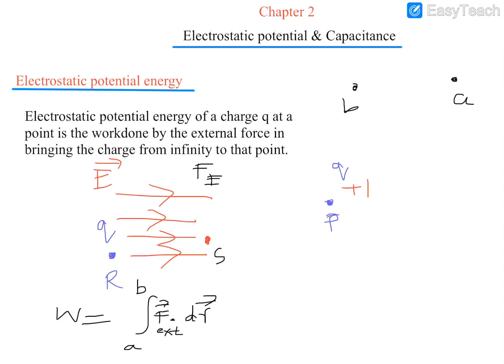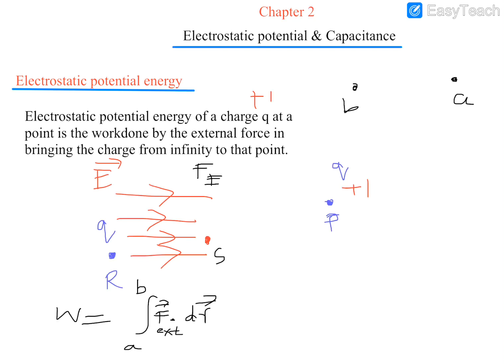Instead of Q, if it is +1, let us say charge plus 1 at a point, if the definition is like that, then the term will change from potential energy to potential. Both are different terms. Potential energy is the work done to bring a charge q from infinity to a point, whereas electrostatic potential is the amount of work done by the external force in bringing a plus 1 charge from infinity to that point.